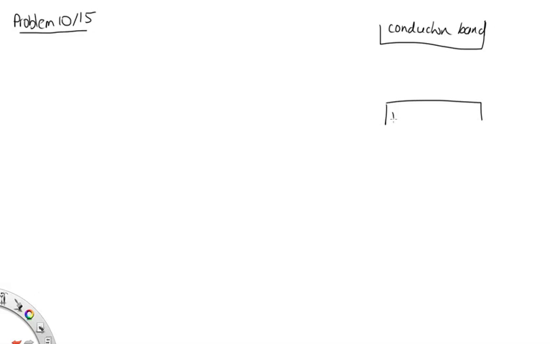Problem 10 for 1221 or 15 for 1231. In this problem, we're told that the energy gap for silicon at 300 kelvins is 1.14 electron volts. So we've got a conduction band and a valency band, and we've got a gap of 1.14 electron volts between these two.